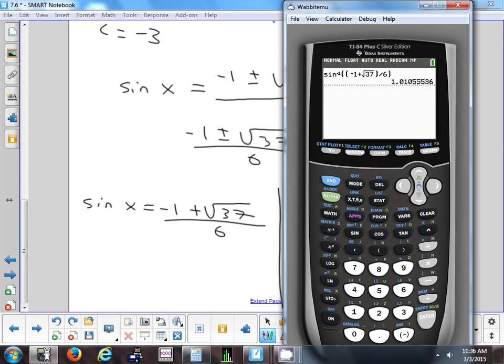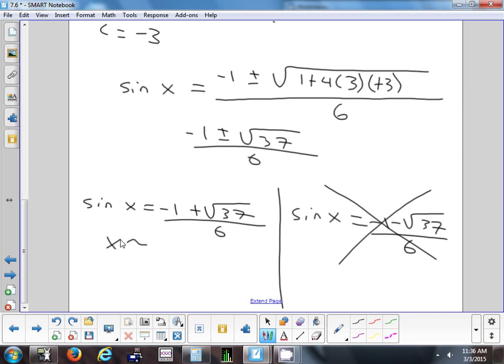Okay, so I get 1.01. And again, there's two quadrants where sine can come out to a positive number, which if you type this in, -1 plus the square root of 37, that's positive. And then divide by a positive, it's still positive. Okay, so we've got an answer in quadrant 1.